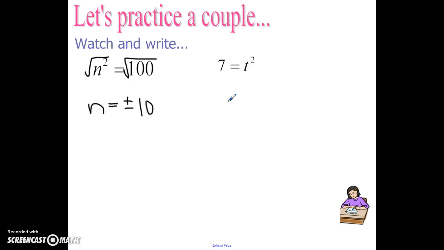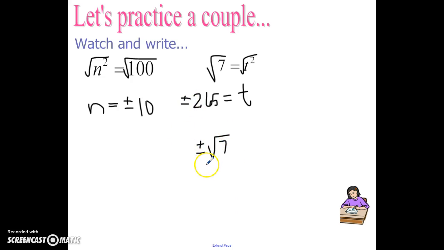So if I take the square root of each side, I have t equals 2.65. So you can round to the nearest hundredth. Or we could even say this is plus or minus the square root of 7.